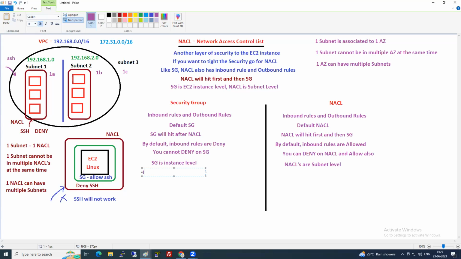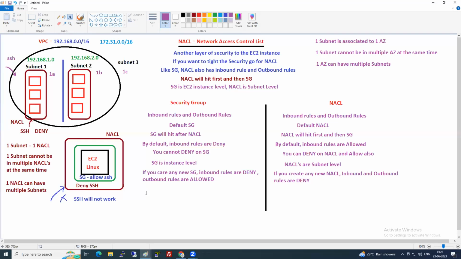If you create any new security group, inbound rules are deny. Outbound rules are allowed. And if you create any new NACL, inbound and outbound rules are deny. Super.